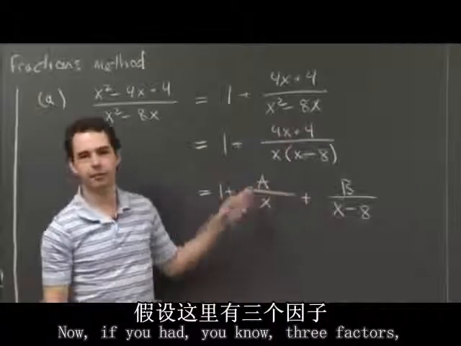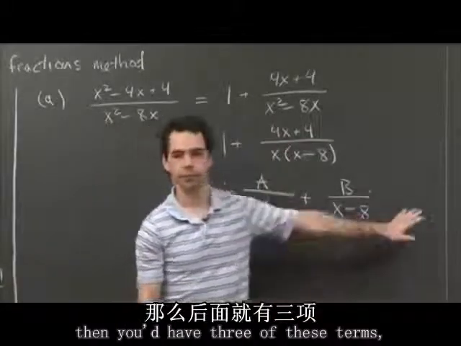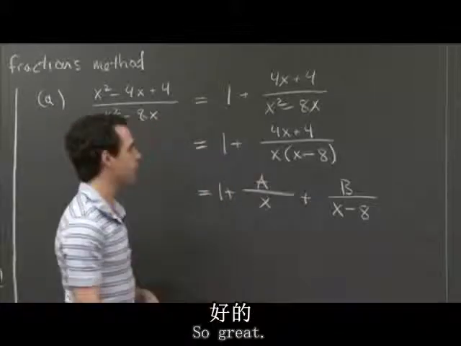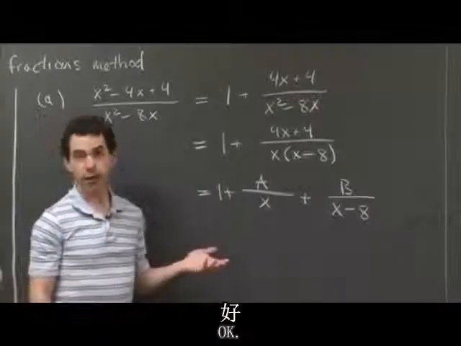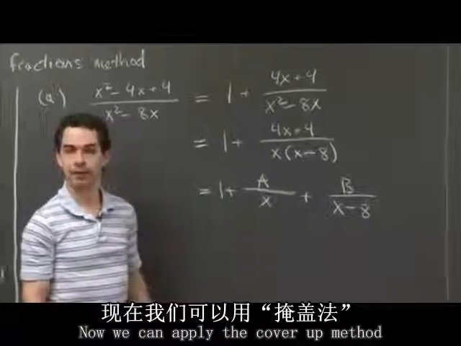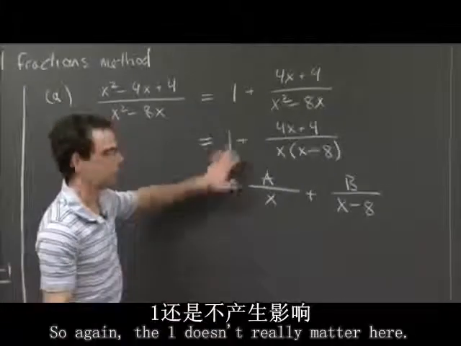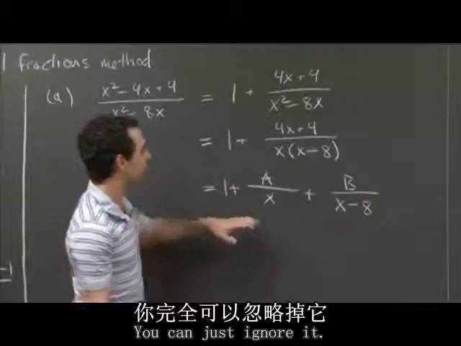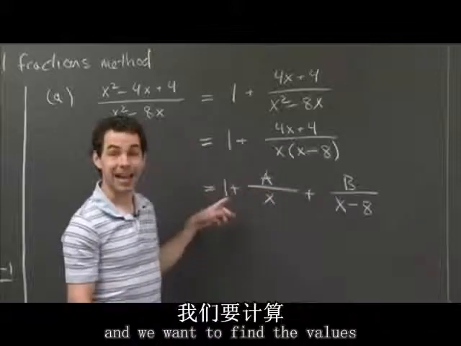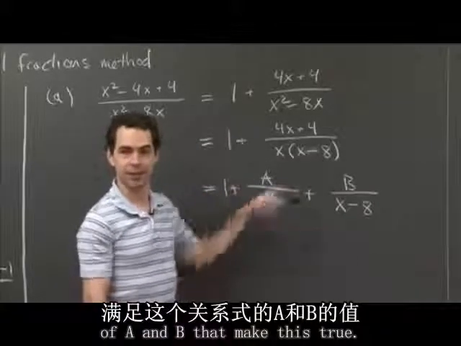If you had 3 factors, then you would have 3 of these terms, one for each factor, if they were distinct linear factors. Great. Now we can apply the cover-up method that Professor Jerrison taught us. Again, the 1 doesn't really matter here, and you can just ignore it. So we have this sum, and we want to find the values of A and B that make this true.